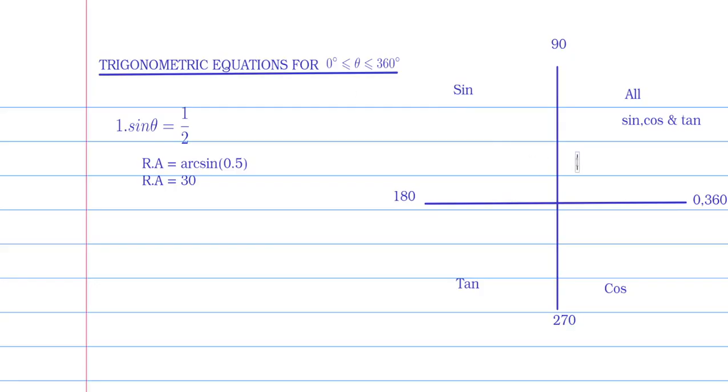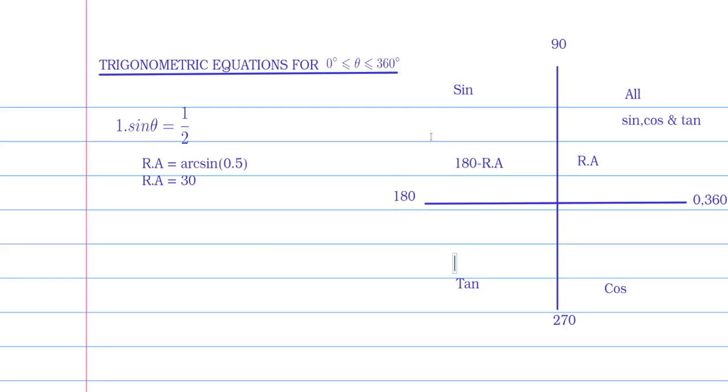Now, if it's in the first quadrant, write it as the reference angle. For the second quadrant, you are going to say 180 degrees minus the reference angle. Now in the third quadrant, you are going to just look at this 180 so that you don't forget this one.